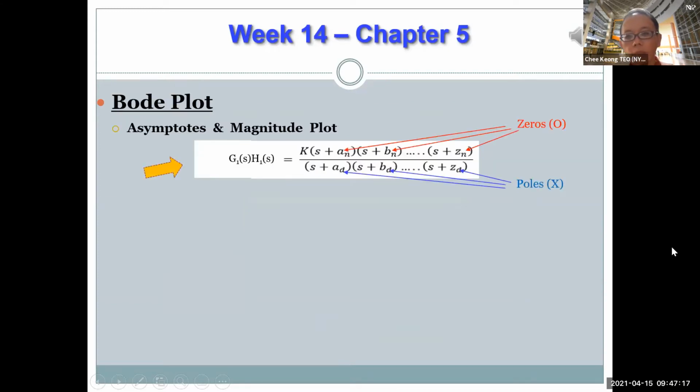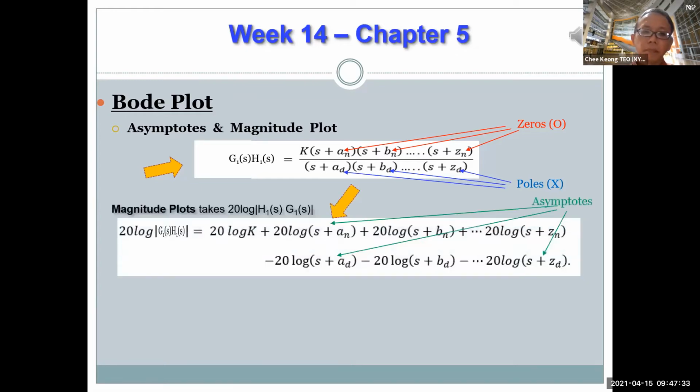Asymptotes: each of these s plus an or s plus bn terms make up the whole G(s)H(s) transfer function. They are like the Lego bricks that build up G(s)H(s). In the magnitude plot, we need to take the 20 log of G(s)H(s).